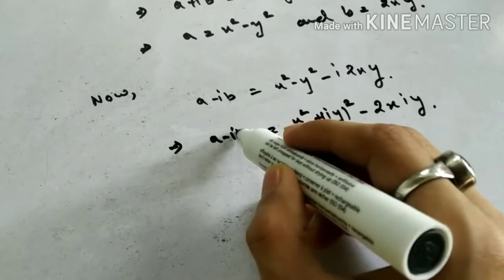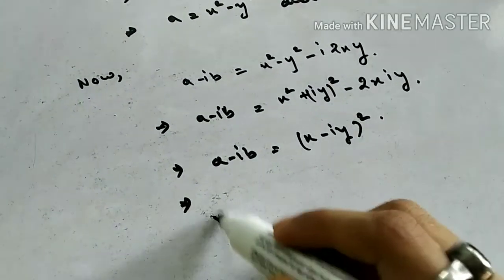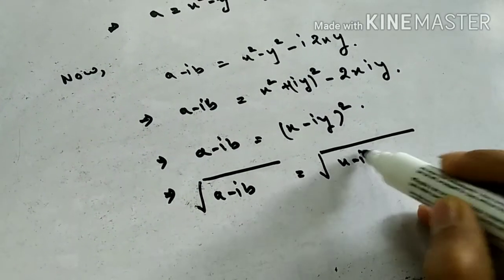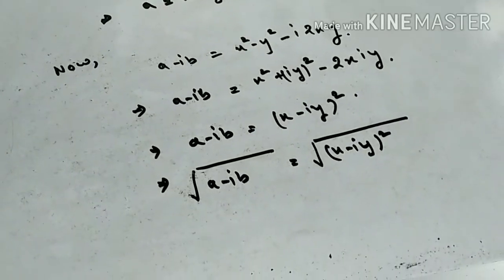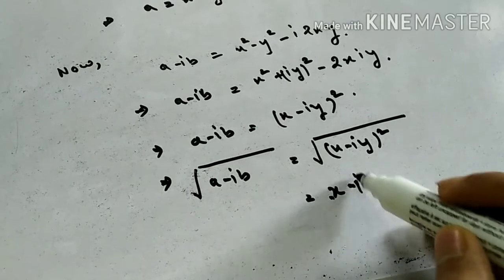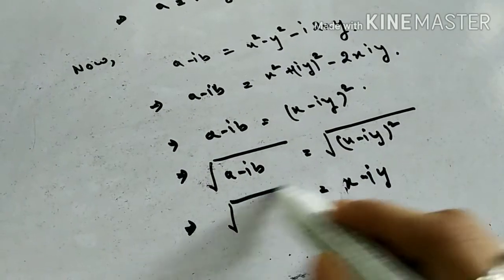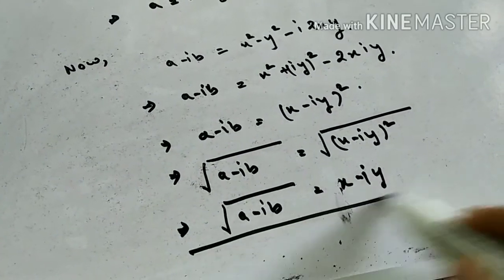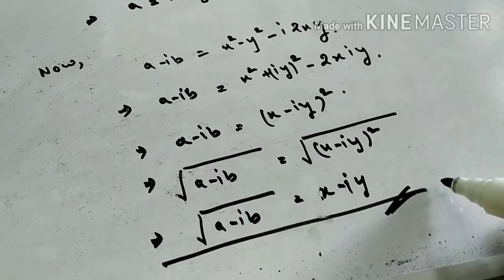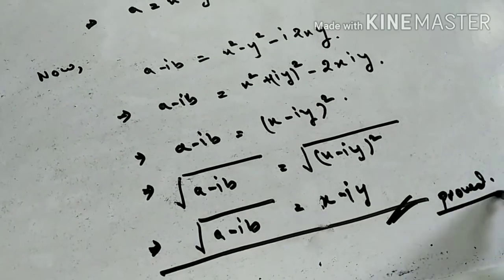So in here what I got, a minus ib is equal to x minus iy the whole square. Taking square root both sides, square root of a minus ib is equal to x minus iy. This is our proved. Understand? This is our proved.